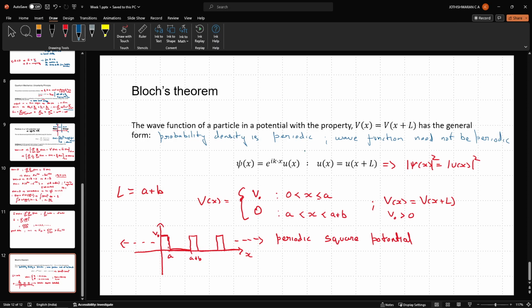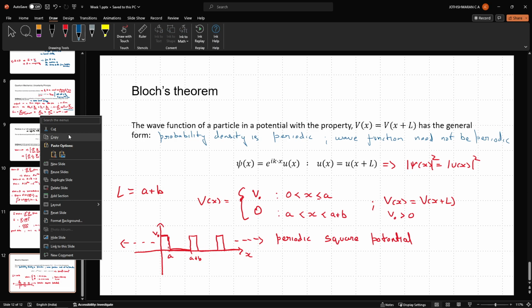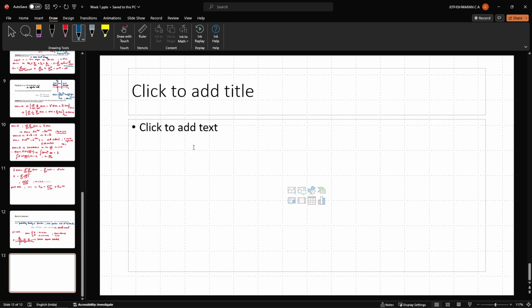So the function that obeys these two conditions can be defined as such. We will start from a wave function that looks like this. However, what we can do is solve the Schrodinger's equation piecewise to solve this problem properly. That will be the last slide I shall add for today's discussion.